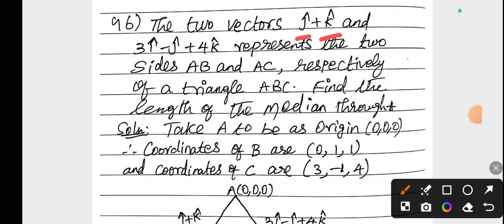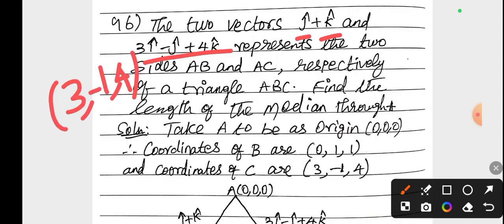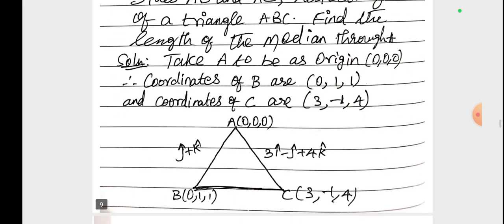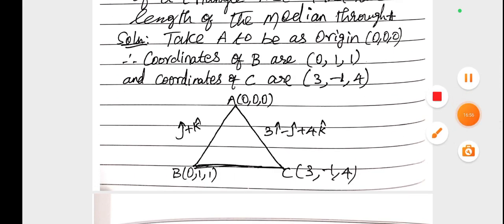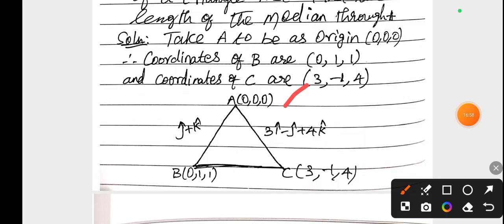So we are considering x. We know i cap is 0. So 0, 1, 1. The next one is 3i cap minus j cap plus 4k cap, so that coefficient is nothing but 3 comma minus 1 comma 4. So one is 0, 0, 0, another one is 0, 1, 1, another one is 3, minus 1, 4.